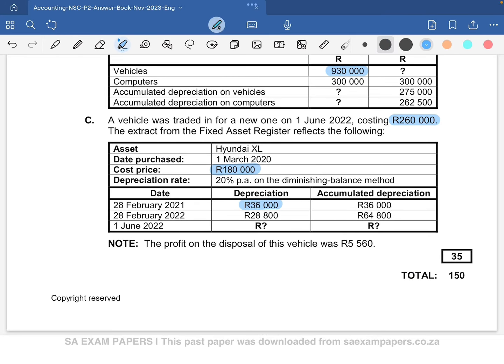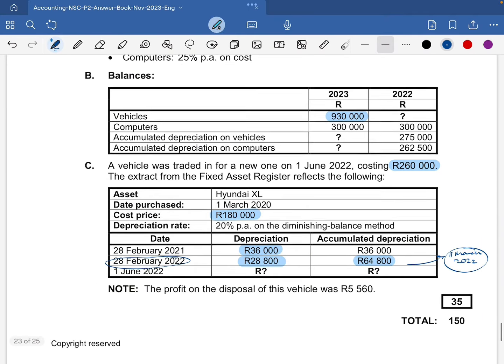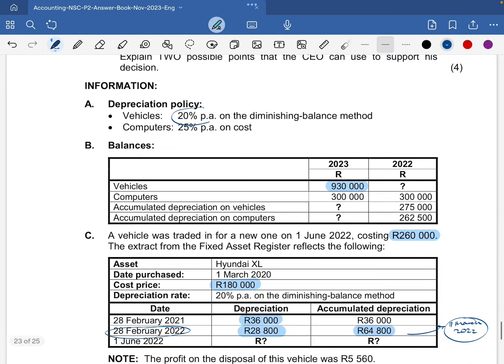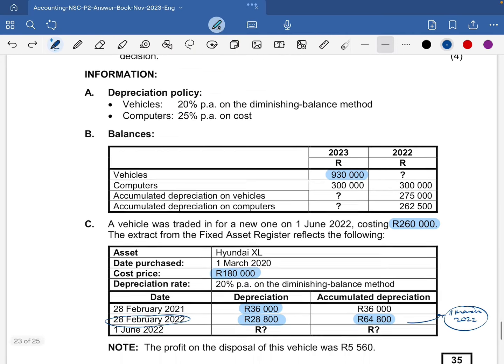Remember that they added 36,000, and then they also added the 28,800, and then the total accumulated depreciation on the 28th of Feb 2022 was 64,800. This is the same as saying the 1st of March 2022, because the closing balance for the previous year is the opening balance for the current year.